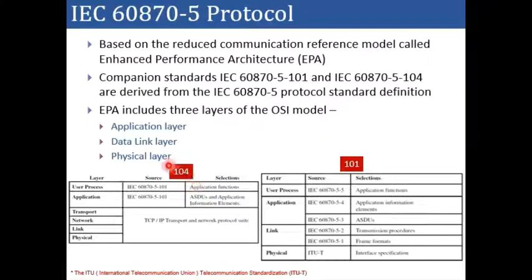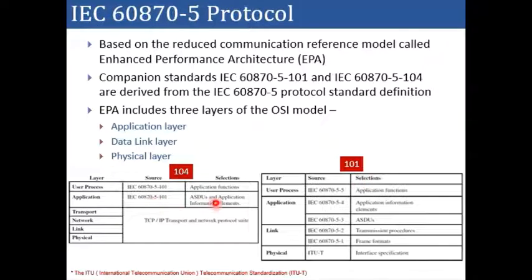Now in case of the 104 protocol, the physical link, network and transport layers are standard TCP/IP layers. So they follow the standard TCP/IP transport and network protocol suite. In case of the application layer of 104, it will follow the same standard as we have in case of 101.